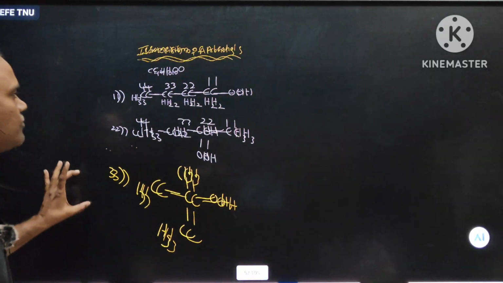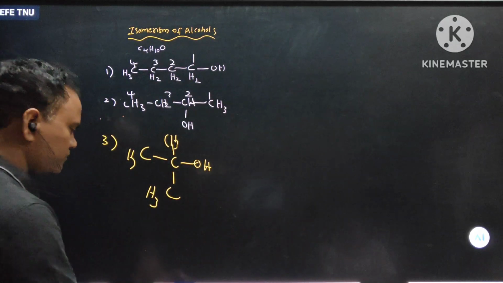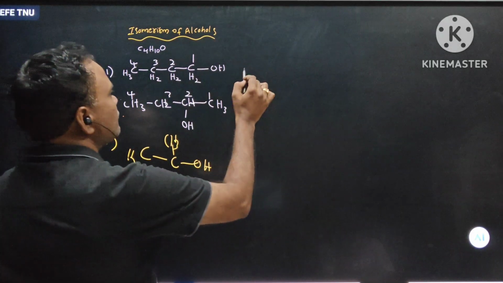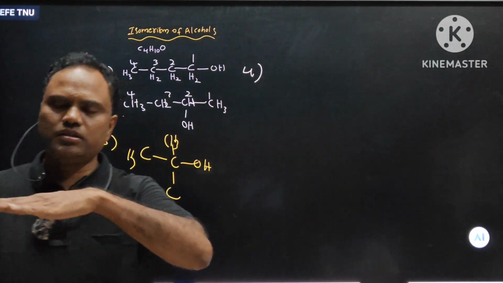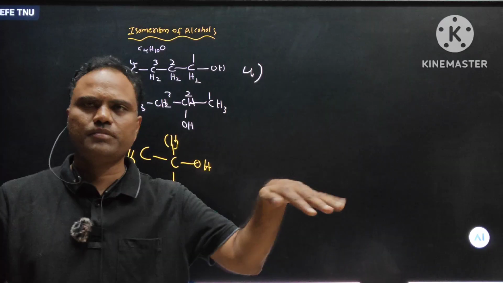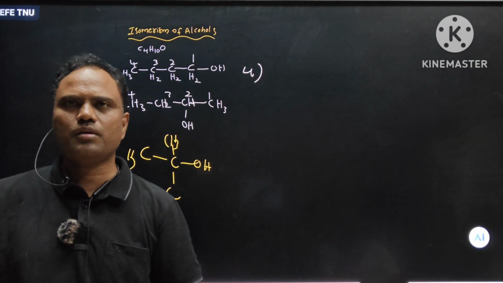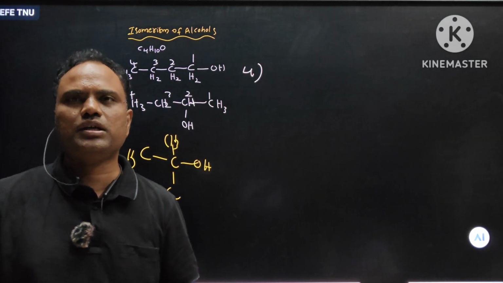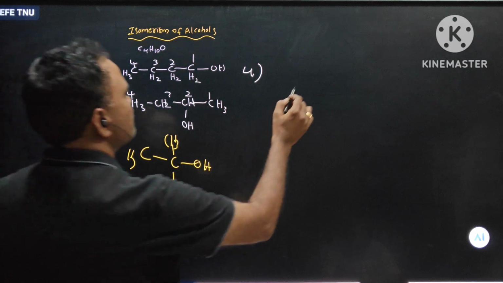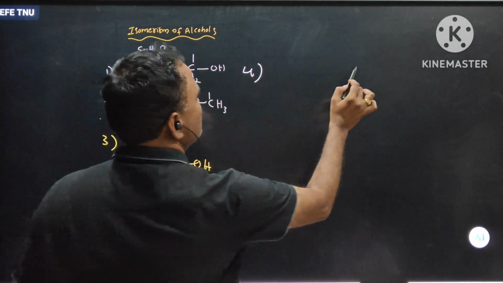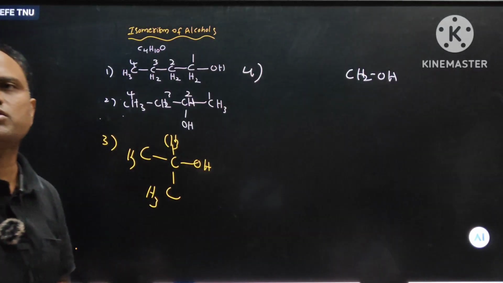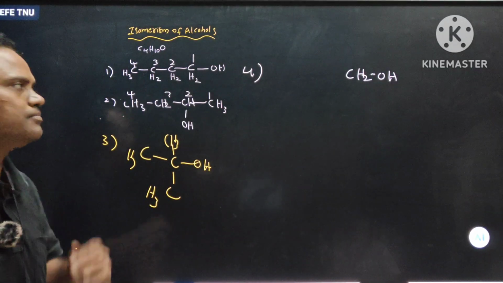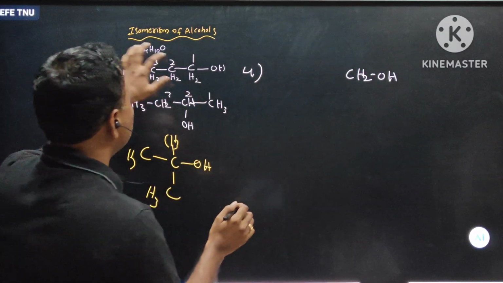Next. Fourth one, see, whenever you get a straight chain with 4 carbons, you can rearrange that. Meaning, I am keeping this CH2OH carbon as it is, and I am rearranging these 3.